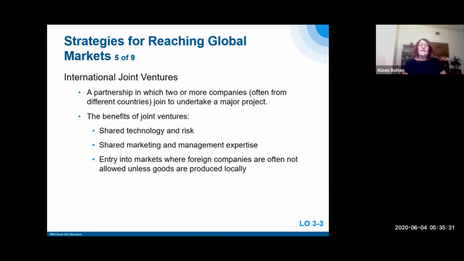And when it's a joint venture, it's done intentionally. It's not like someone was pushed on someone, but they decide to work together for a major project, which is very important. It also helps bring you into new markets where foreign companies are not always allowed.